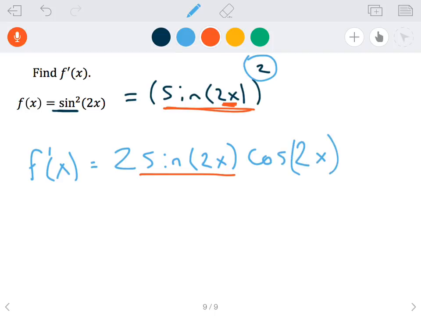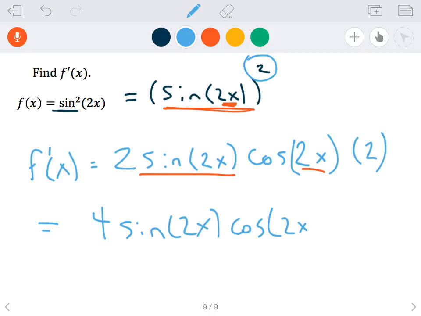But then I have to take the derivative of that, which is 2. Do you see how I applied the chain rule twice? So I have 2 times 2, which is 4, sine 2x, cosine 2x. And we're done.